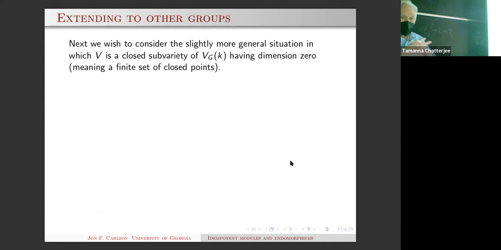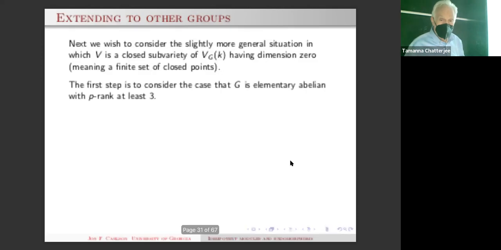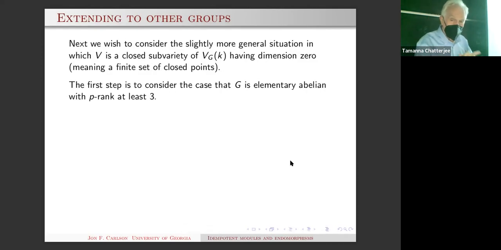Okay, so I want to get this slightly more general. I would actually like to do this for any subvariety V of dimension 0, and for any finite group. The first step is to do it in the case where G is an elementary abelian group of rank at least 3.